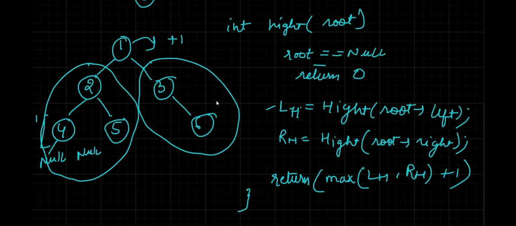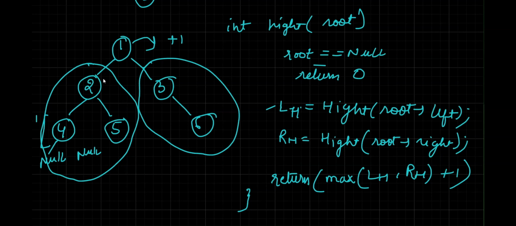Whenever root reaches the leaf node and we move towards its left and right child, obviously it will return 0 because we don't have anything, and height will be 0 at that time. This is for whenever we want to calculate the height of a subtree.